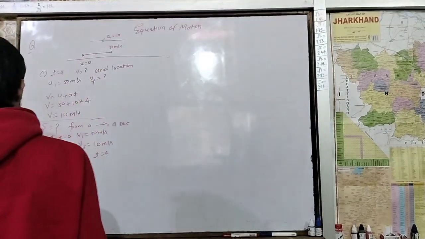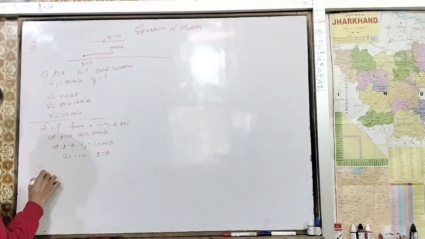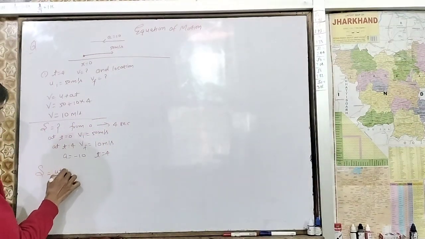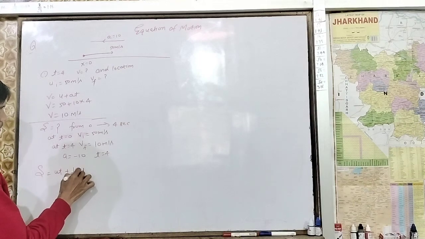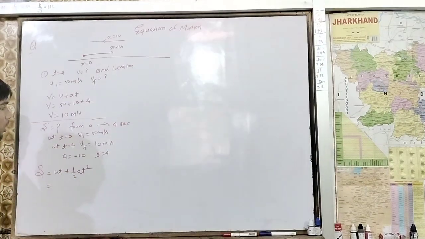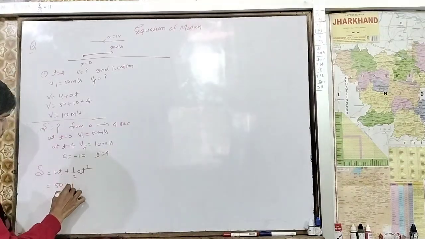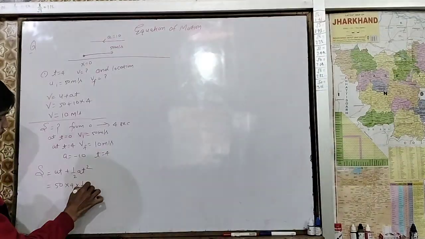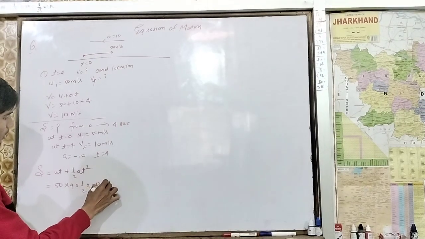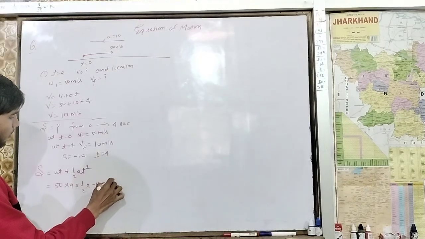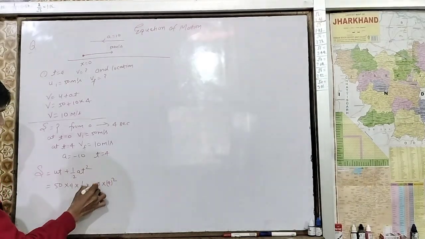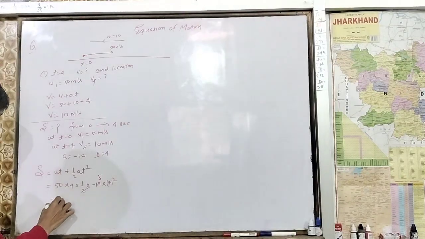Let's apply the second equation of motion, which is s is equal to ut plus half at square. Initial velocity is 50, a is minus 10, one by two, and time is 4 raised to power 2. 50 times 4 is 200.